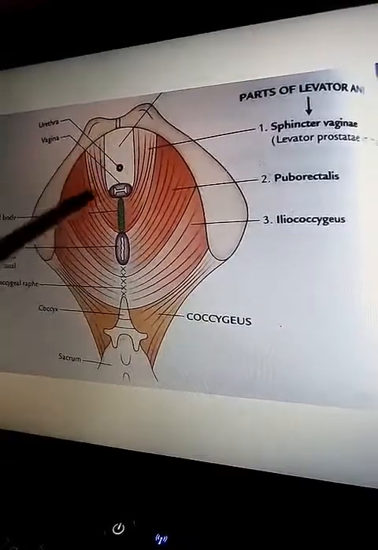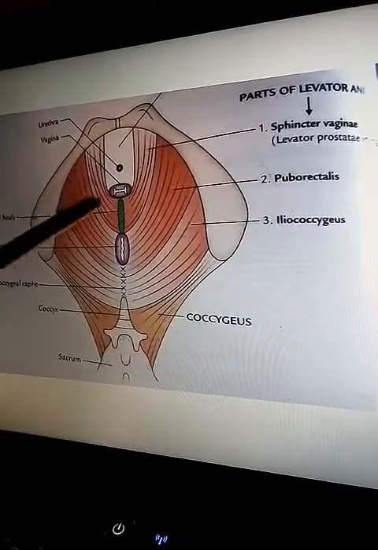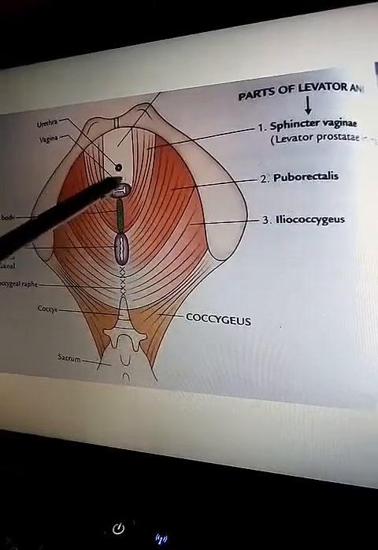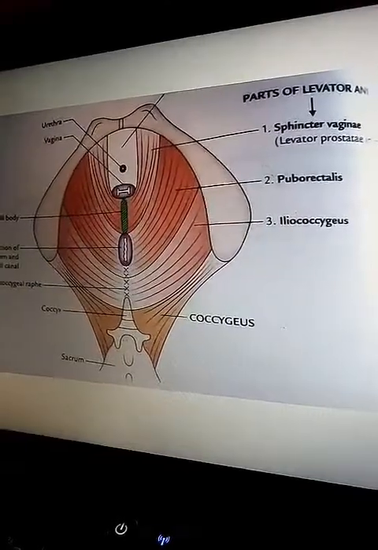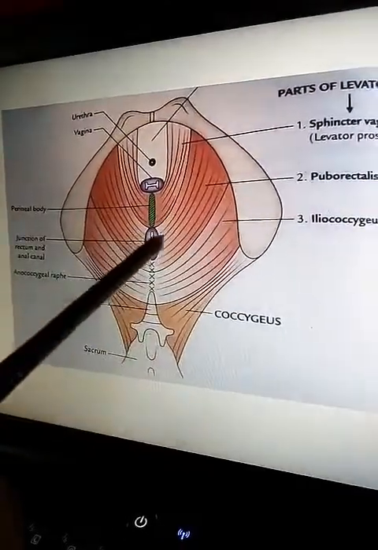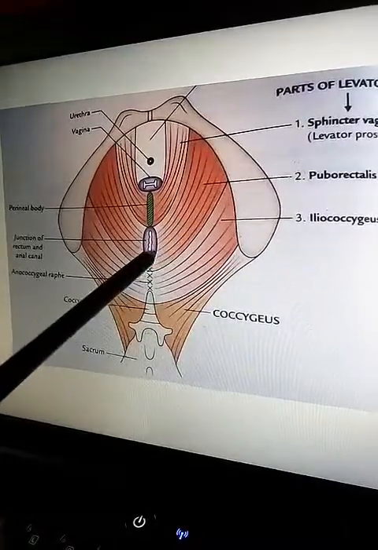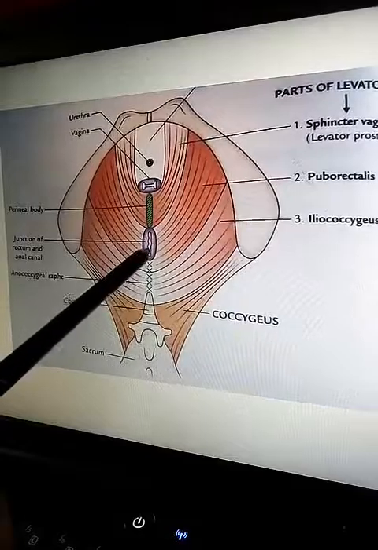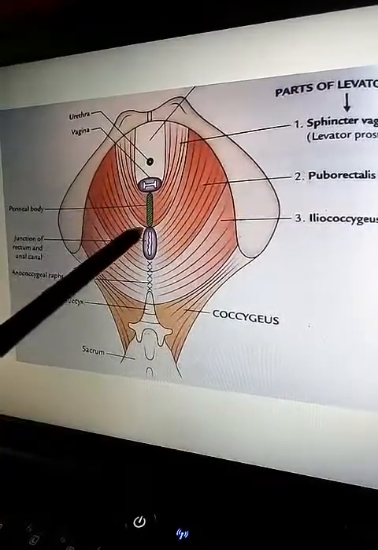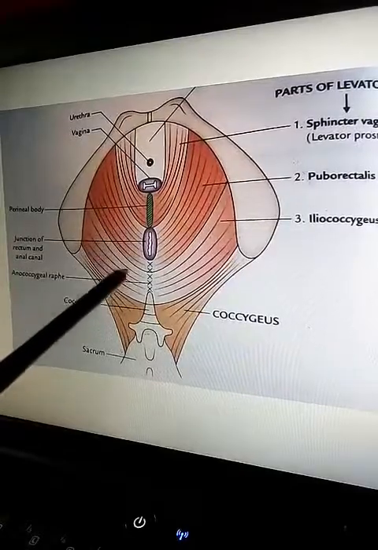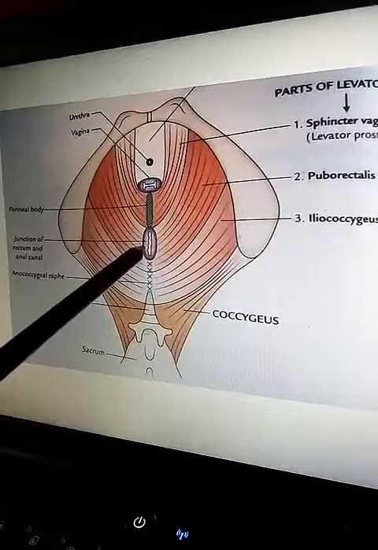It is incomplete anteriorly to allow passage of urethra in males and urethra and vagina in females. The pelvic diaphragm provides principal support to the pelvic viscera and has a sphincteric action on the rectum and vagina. It also assists in increasing the intra-abdominal pressure during defecation, micturition, and parturition.